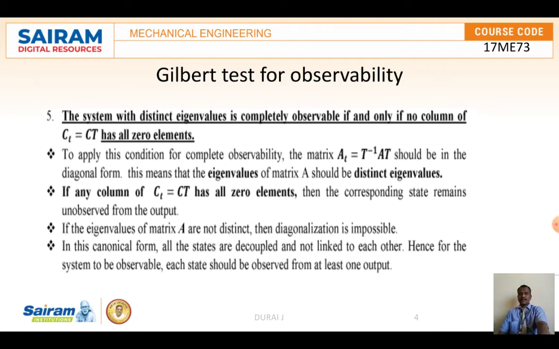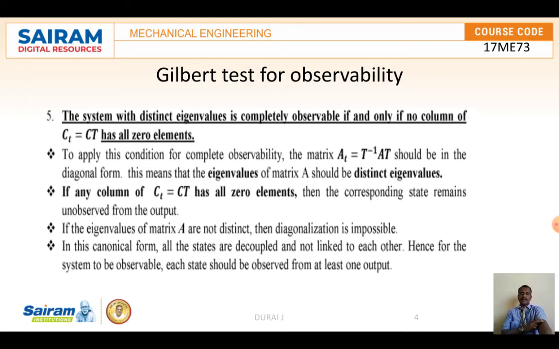Okay. Then next we are going to discuss the condition: the system with distinct eigenvalues is completely observable if and only if no column of CT has all zero elements. To apply this condition for complete observability, the matrix T inverse A T should be in the diagonal form.